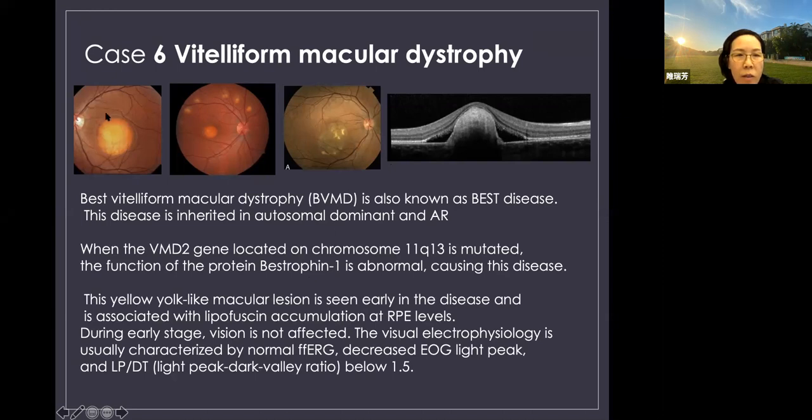For example, this is a typical Best disease, but this one has satellite lesions, and this one has a broken yolk and maybe dystrophic RPE. For this patient, we may have a normal FFERG, but when we record EOG, the Arden ratio is always decreased.